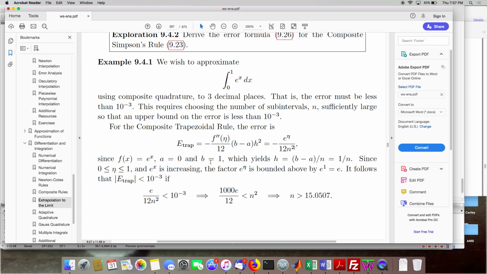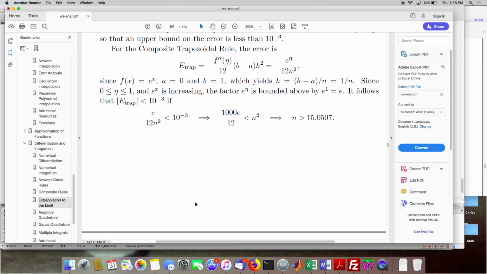When I work on this, keep in mind eta is between 0 and 1. So now I have e over 12n squared is less than my error tolerance. So I get to this inequality, and now I can rearrange and get a value for n. In this case, what this means is, if I choose n to be at least 16, the error will be guaranteed to be less than 10 to the minus 3.